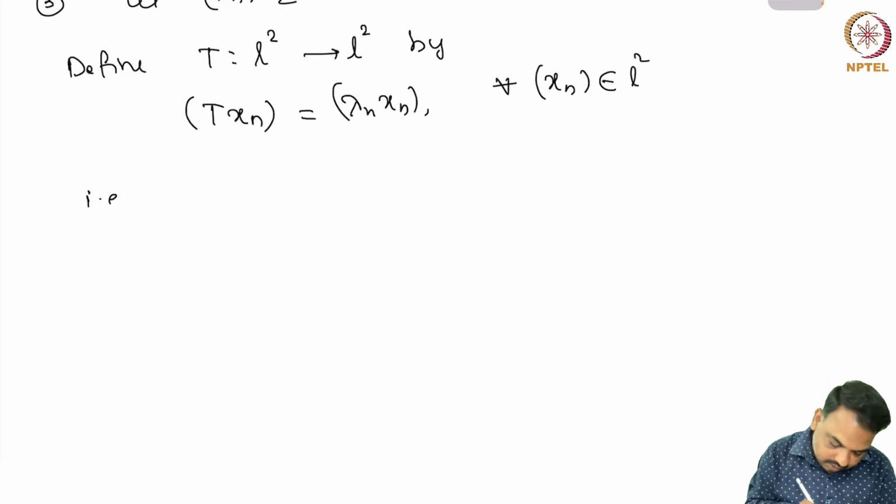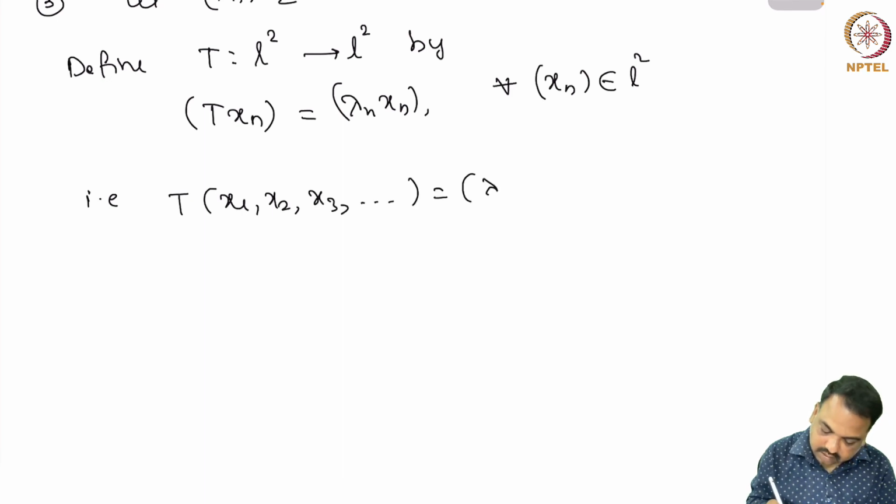That means we have T of (x1, x2, x3, and so on) is (λ1 x1, λ2 x2, λ3 x3, and so on).